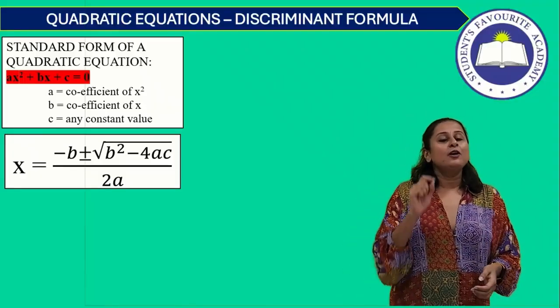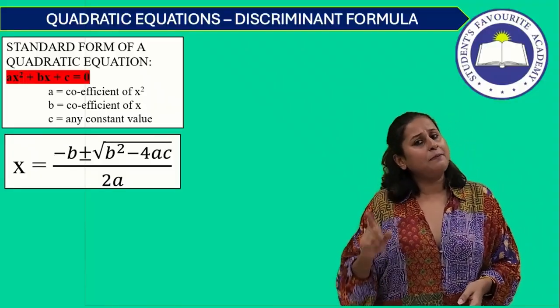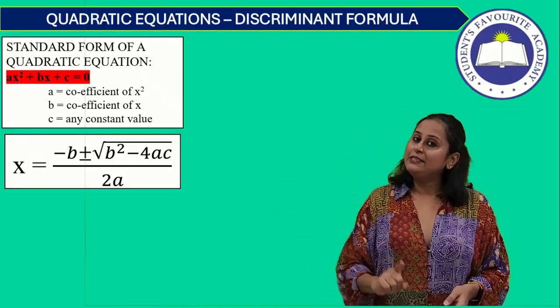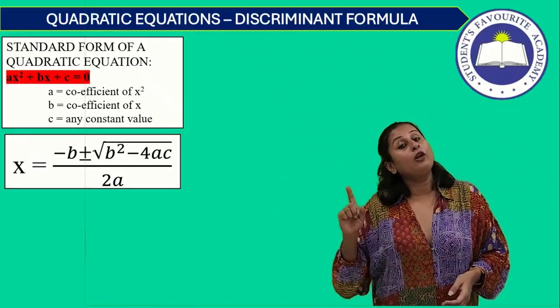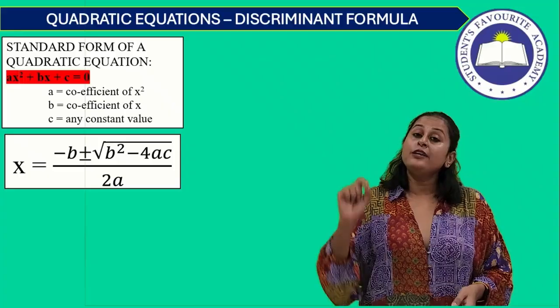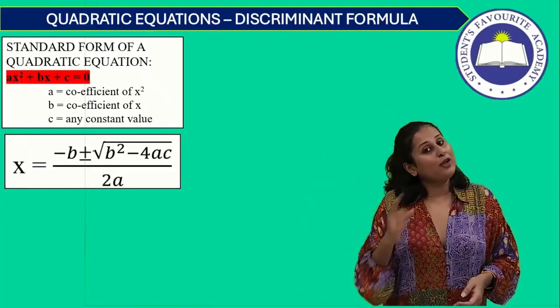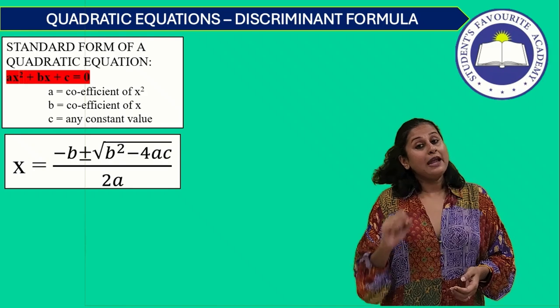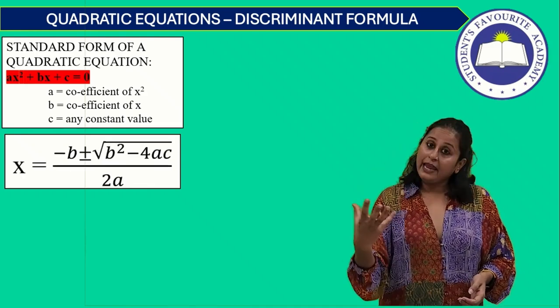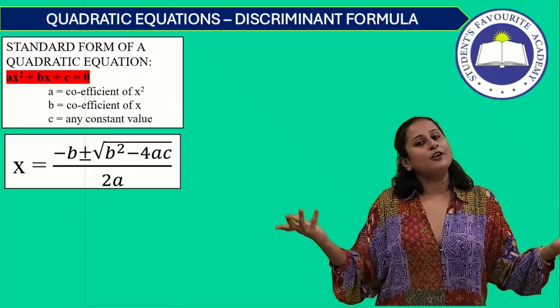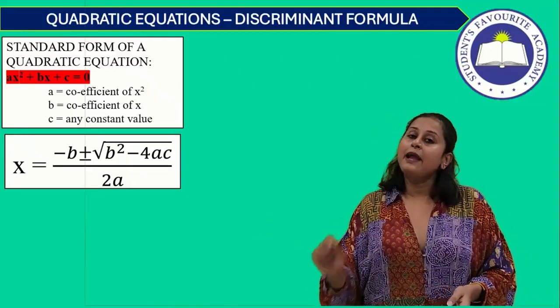Remember this. So x is equal to minus b plus minus square root of b square minus 4ac, that is 4 into a into c. What is b square? The square of the coefficient of the middle term, minus 4 times a, the coefficient of x square, into c, the constant, all divided by 2a.